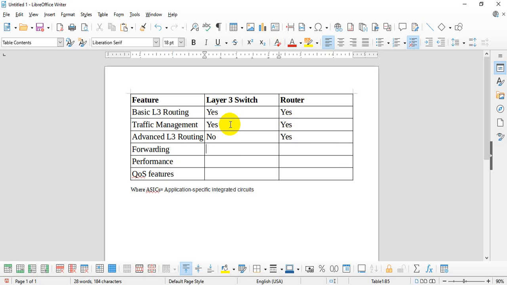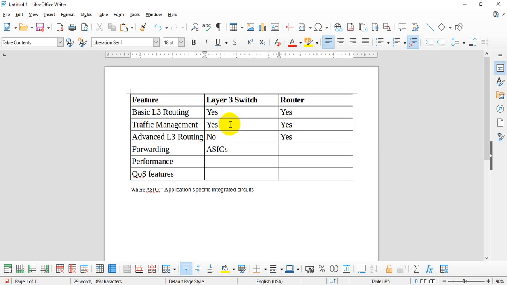Forwarding in L3 switches is based on ASICs, which stands for application specific integrated circuits. That means layer 3 switches do forwarding on the basis of ASICs, application specific integrated circuits.